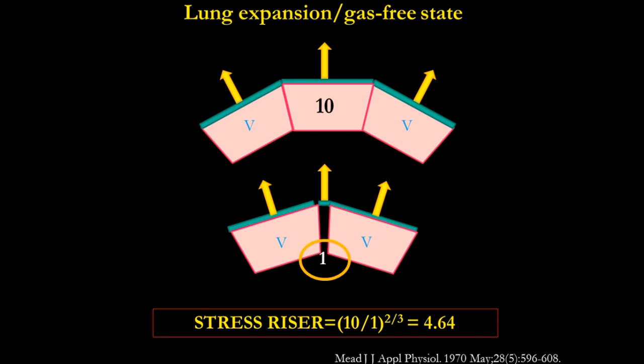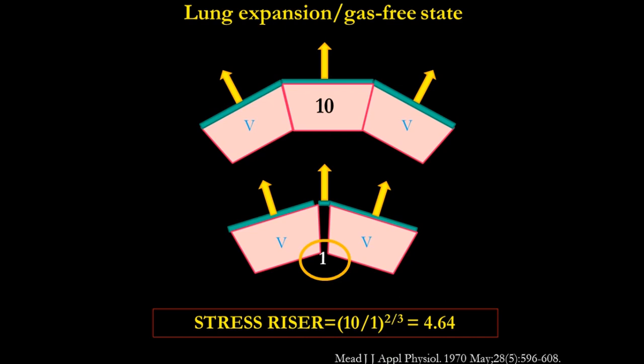If we have a complete expansion of the lung, it is supported by a network of fibers. Each fiber is fully distended, and let's say the lung volume of each of these units is 10, which is 9 of gas and 1 of tissue.